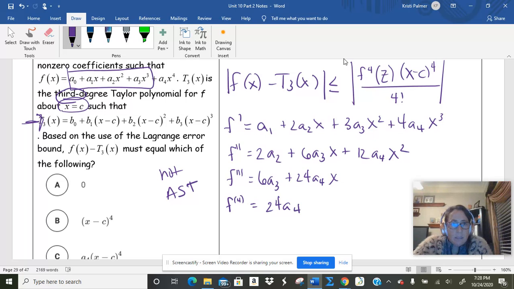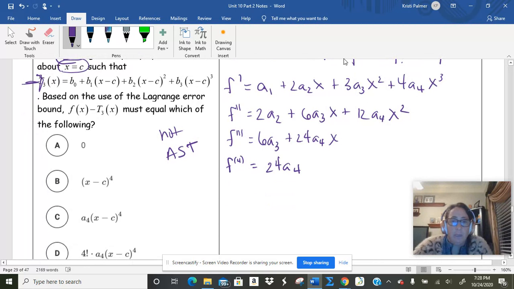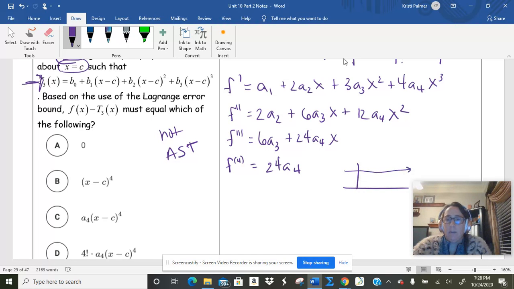So that is going to have to be kind of like that f fourth derivative at c. So I don't have a max. I just really have to put in, it's just a constant value the whole time. So, I mean, the constant value would be the max. It's like saying I have a constant graph, so that has to be the max output. Okay, so that error bound up there would be this 24a to the fourth.